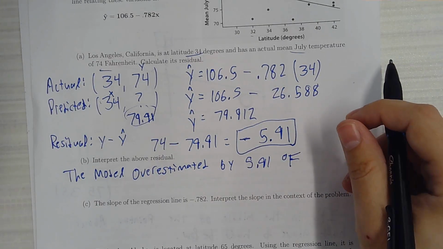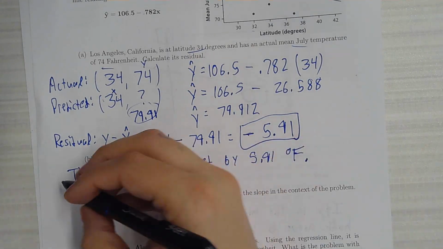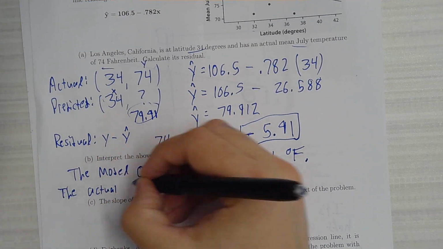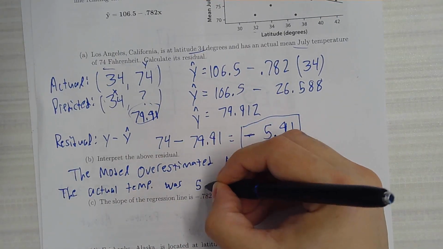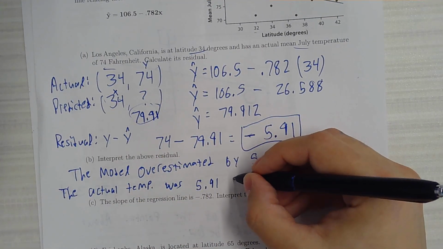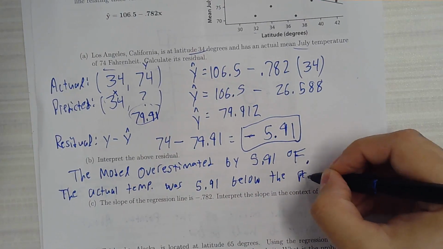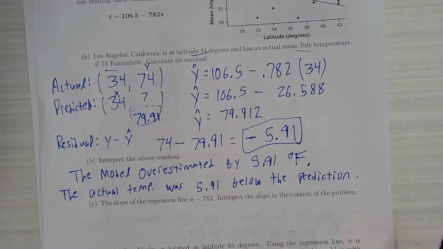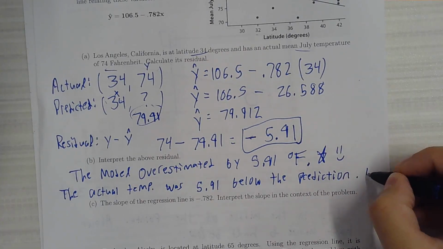Something like that, or the actual temperature was 5.91 below the predicted. Something like that. Either one works well.